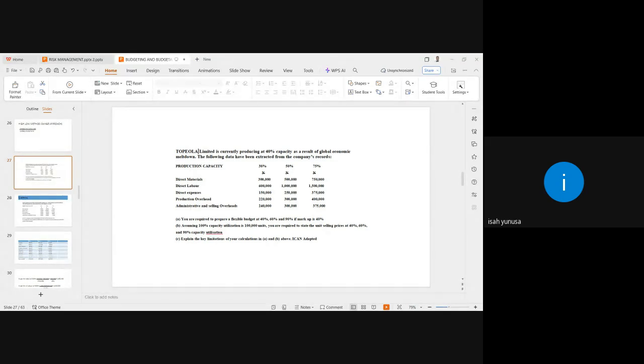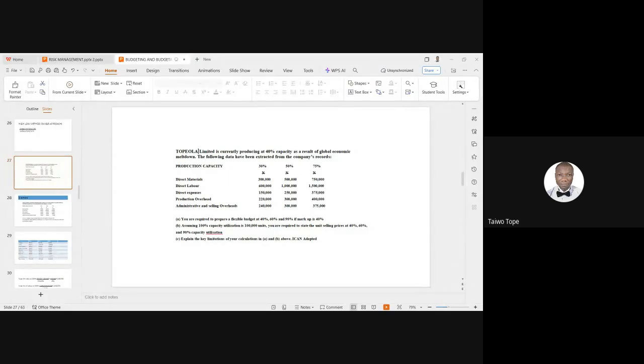So in that case, we are going to use the mixed cost to determine the fixed cost from the variable cost. All right. Yes, thank you very much for those contributions.